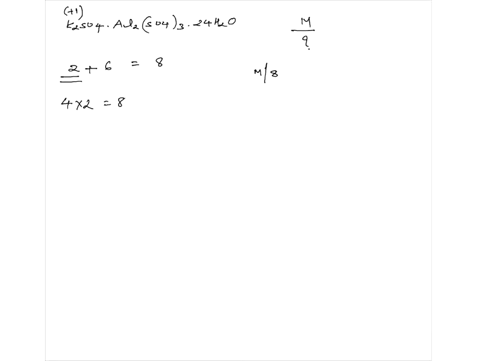You must be aware that various elements have got multiple valencies. PCl3, PCl5, both are possible. Nitrogen has got several oxides, not just 1, 2 or 3, several oxides.